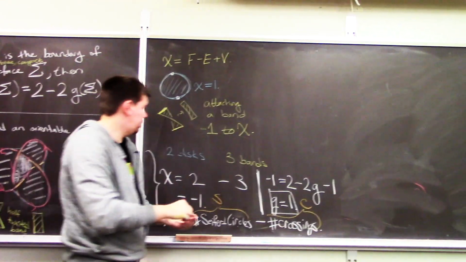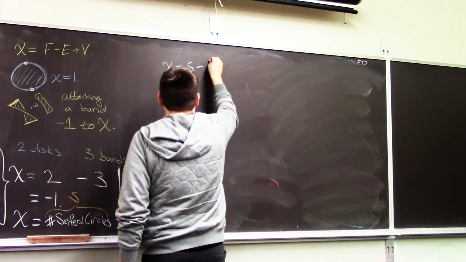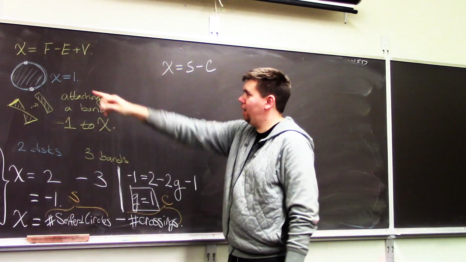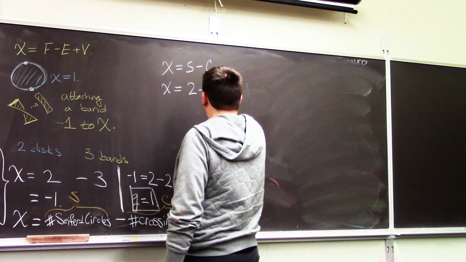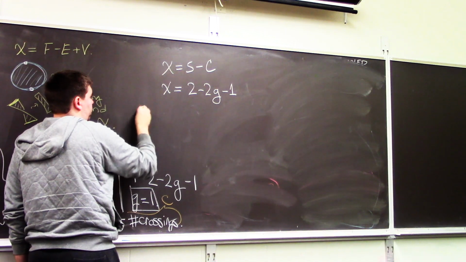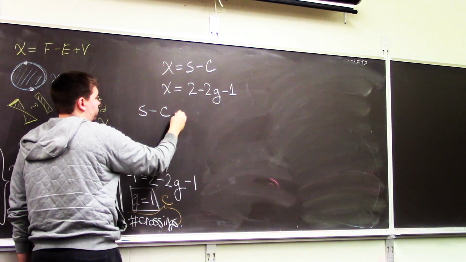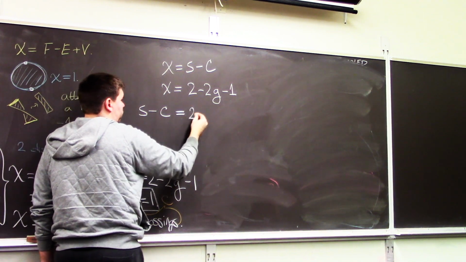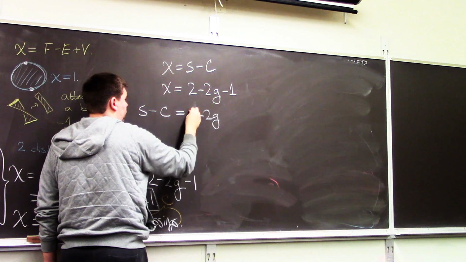Then you have that Euler characteristic is your Seifert circles minus your crossings. But we said that the Euler characteristic is 2 minus 2 times the genus minus 1. So putting these together, you get that your number of Seifert circles minus your number of crossings is 2 minus 2g minus 1. So I guess that makes that a 1.